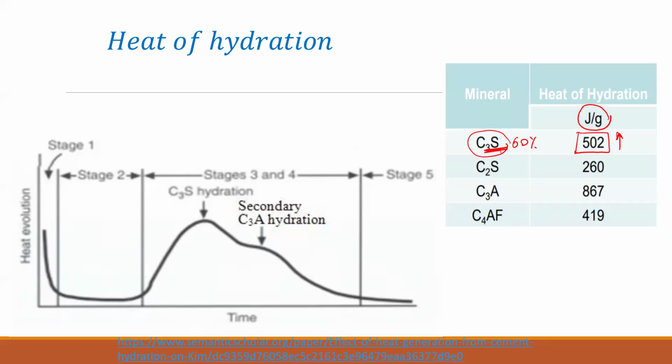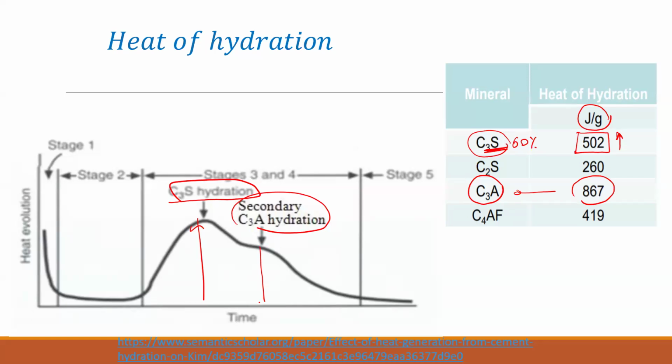C3S is mainly the chemical compound which contributes to the high heat gain. And also C3A, if you look at this one, 867 joules per gram. However, we have a small amount of C3A, so you can see the second peak is because of the C3A reaction.